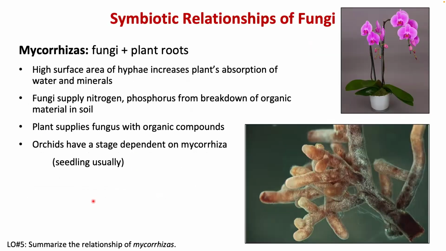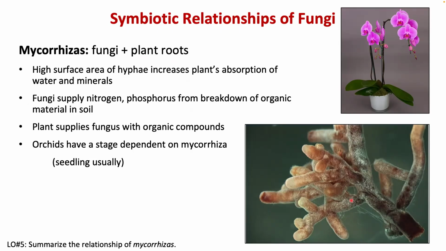In relation to symbiotic relationships of fungi, an example is seen in mycorrhizas. Basically, you have a fungus attached to the plant roots. This attachment increases surface area because the fungus is producing more hyphae, and it helps the plant in the absorption of water and nutrients.